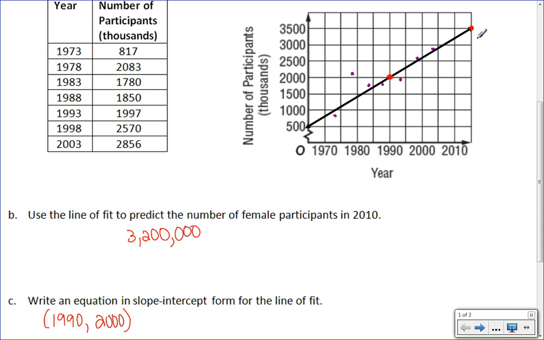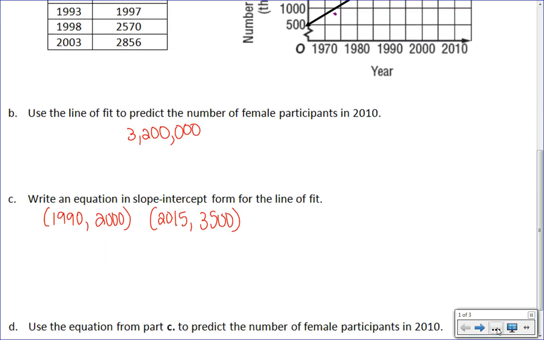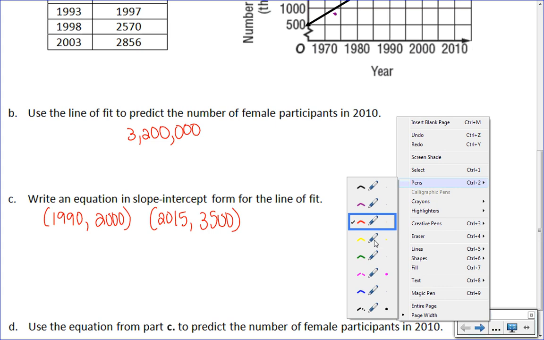And this point has coordinates, let's see, this is 2000, this would be 2005, 2010, 2015, and 3500. Okay, so let's go ahead and write an equation using those 2 points.